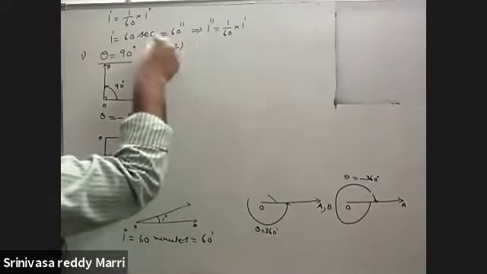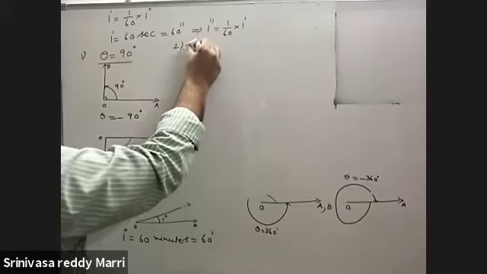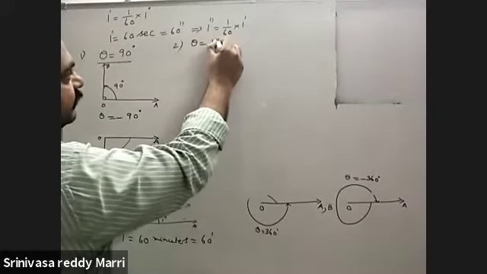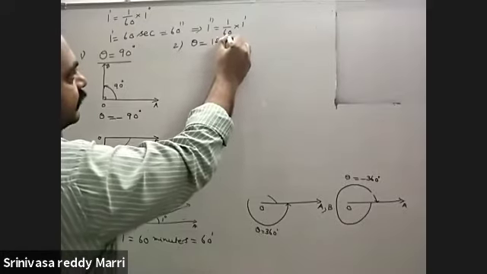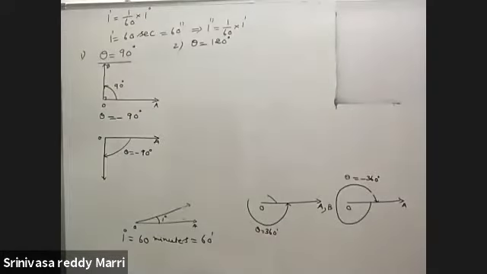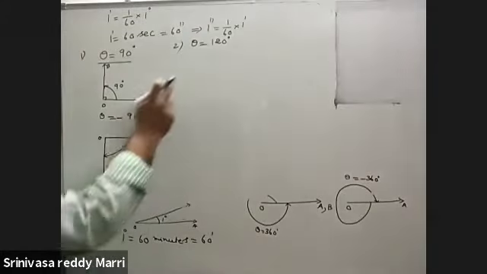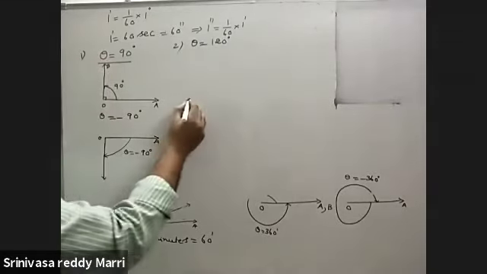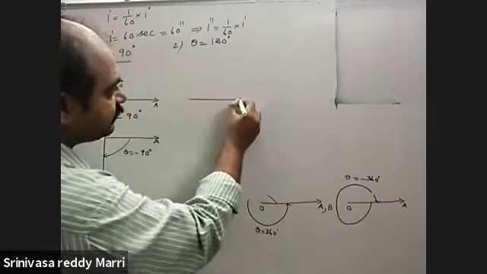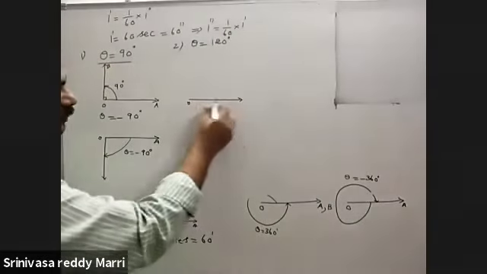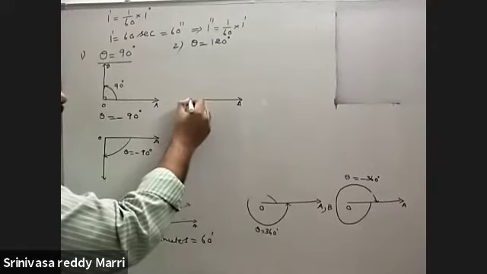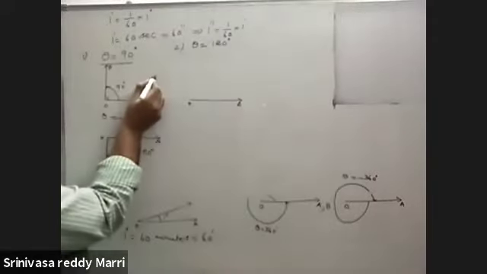Suppose let us say theta equals 120 degree. That means 90 plus 30. 90 degree means till here and then 30 degree extra like this.